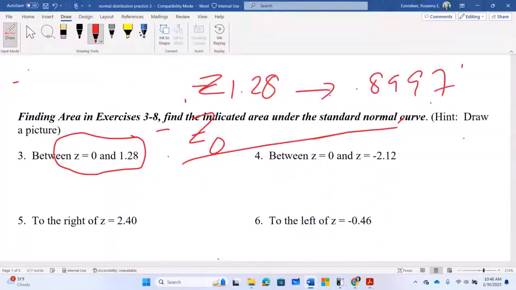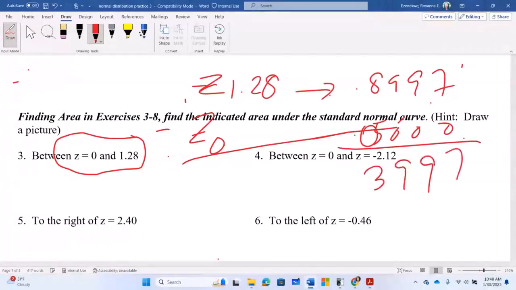And then Z of 0, we already know, is 50% of the normal curve, the mean. I will now subtract: 8 minus 5 gives me 3, and that's 3997, approximately 39.97%. So the area between is 39.97%.